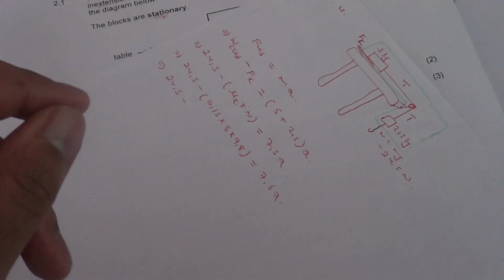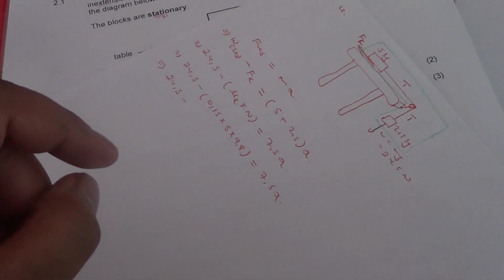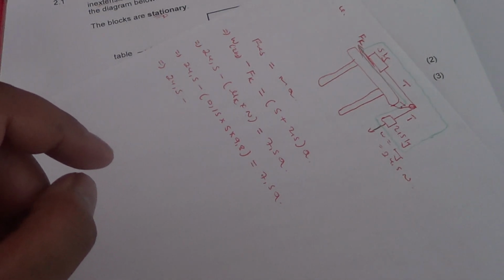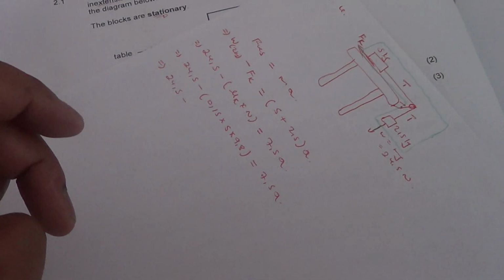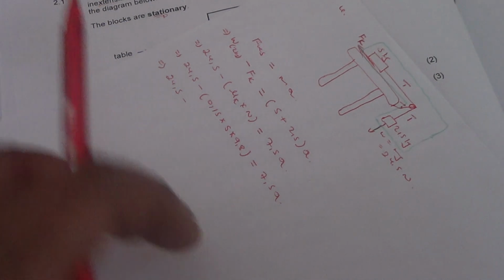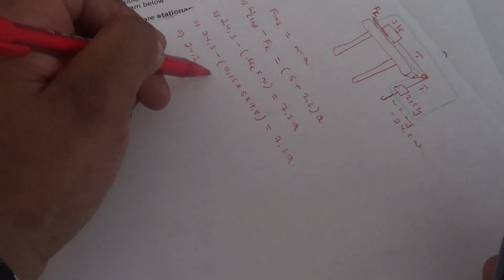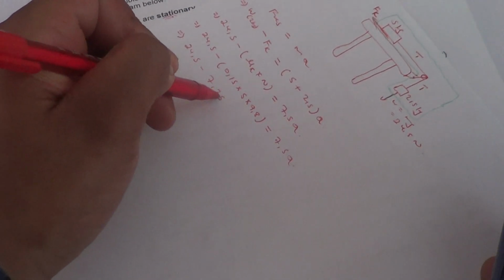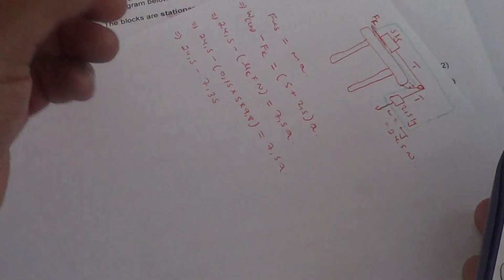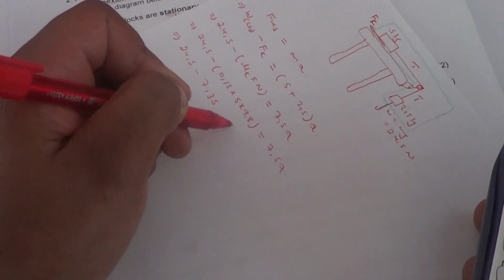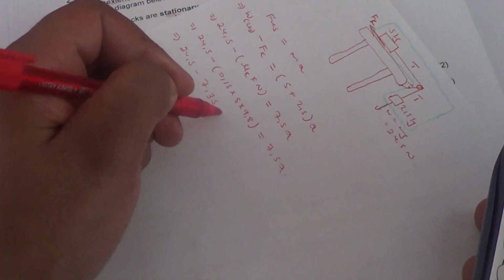24.5 minus, now we're going to do that one. Say 5 times 9.8 is 49 times 0.15. I hope I'm doing the right thing, yes, which is now 7.35. Alright, remember that was newtons, but don't worry about the units so far.